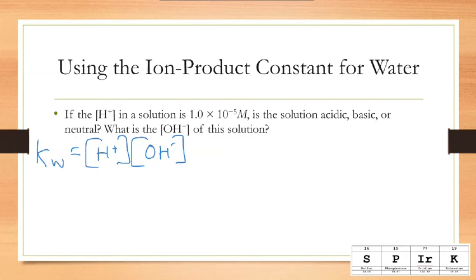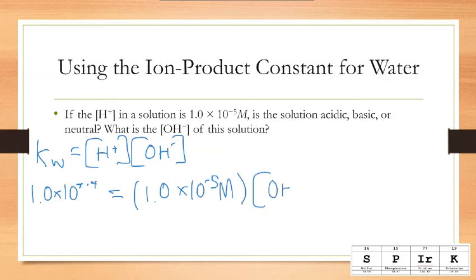times OH minus concentration. So we know that Kw is always 1.0 times 10 to the minus 14, equals the concentration of H plus, which we know is 1.0 times 10 to the negative 5 molar. And we're solving for the hydroxide ion concentration.